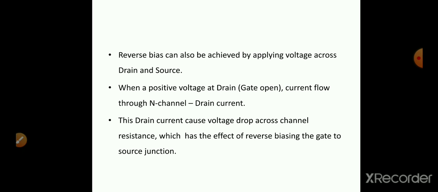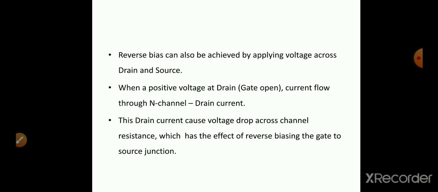We can apply reverse bias voltage to the JFET in one more method also. That is, we can apply the voltage across the drain and source terminals. Here we applied the voltage in reverse bias. In an N-channel JFET, we can apply positive voltage at the drain for reverse biasing the JFET.